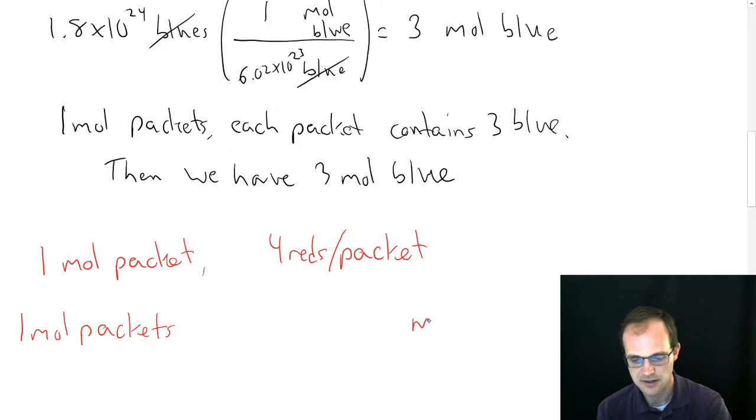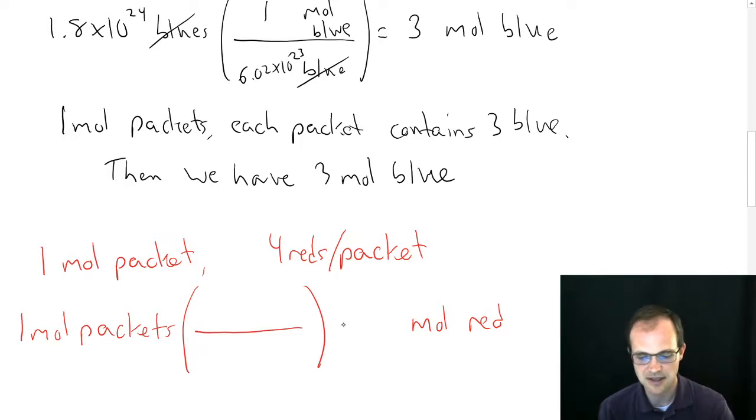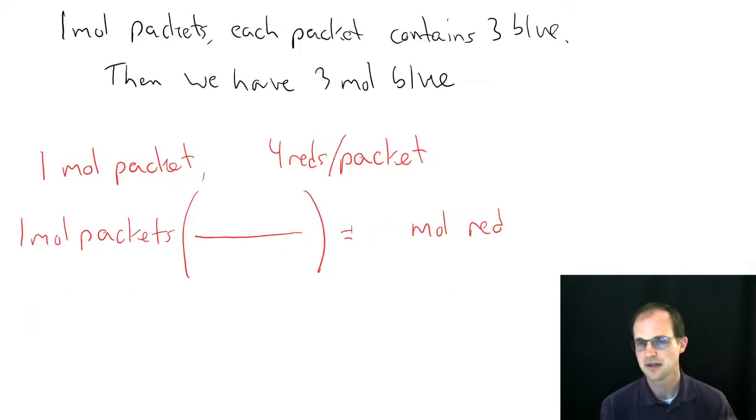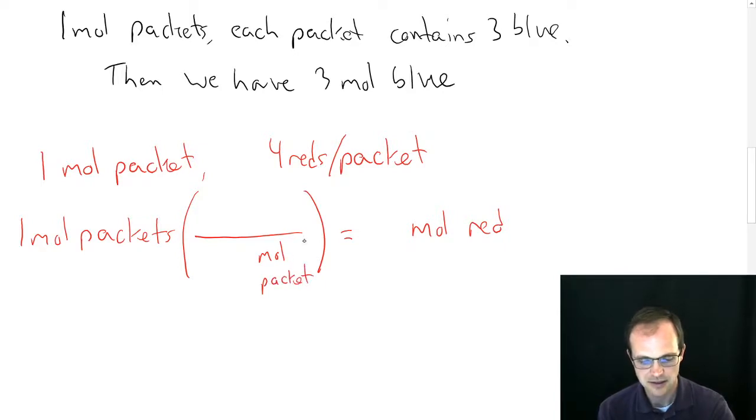And what I want to know is moles of red. That's actually what I'm asking. I'm starting with moles of packets and I want to know moles of red. So how do I do that? Well, get your units right first, get your numbers later. Moles of packet go down here. Right, because 1 on top, 1 on bottom cancels, and moles of red go up here.